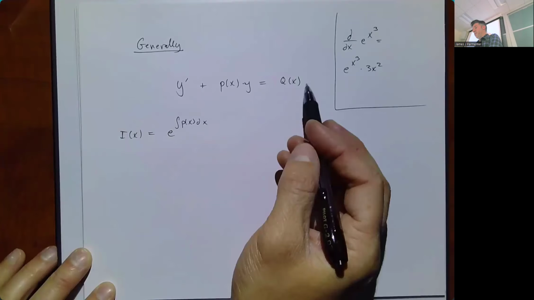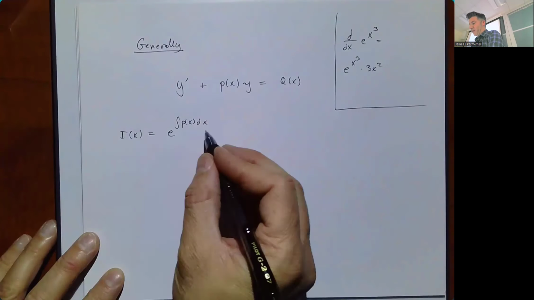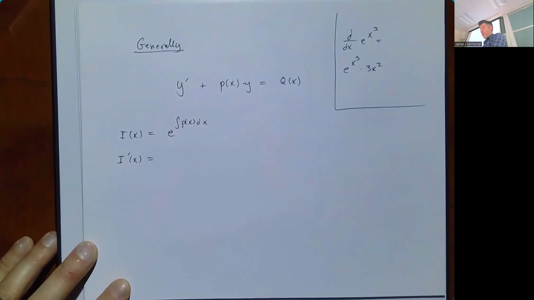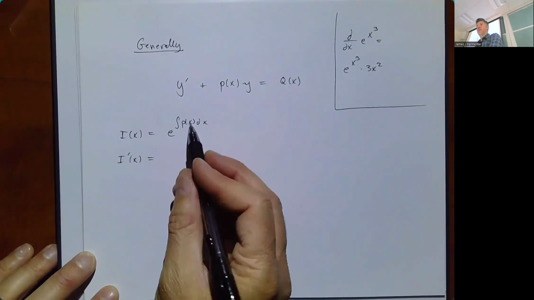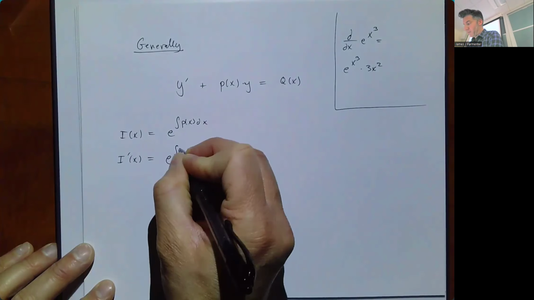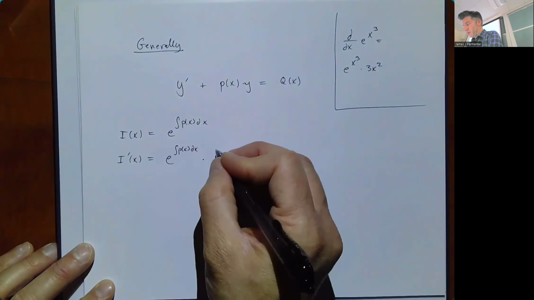So I'm going to take this equation and multiply both sides. In fact, I'm going to do it right now. I want to find the derivative of this. What's the derivative of my integrating factor? Well, my integrating factor is e to the stuff. So the derivative is exactly going to be e to the stuff times the derivative of the stuff.